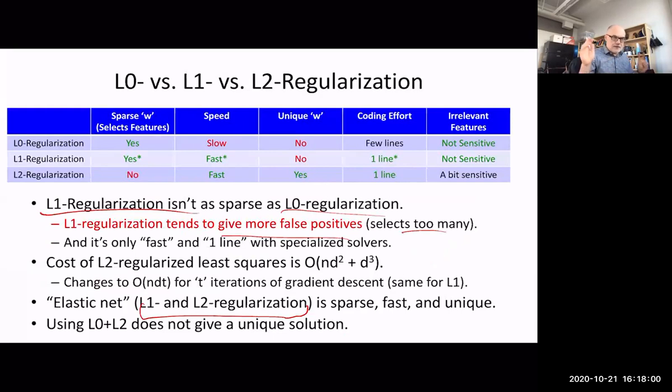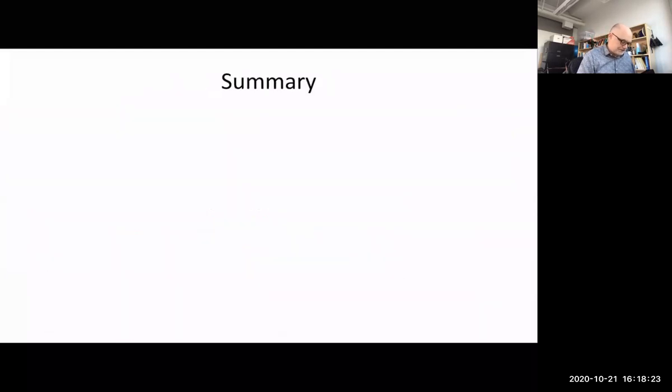And it's only fast in one line in terms of implementation with specialized solvers. Combining L1 and L2 regularization is sparse, fast, and unique, and it's called elastic net. So you can do that. And combining the zero norm and L2 does not give rise to a unique solution.